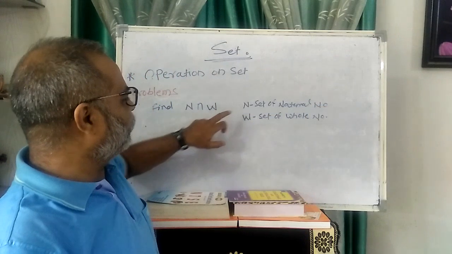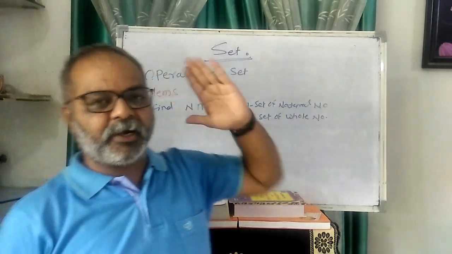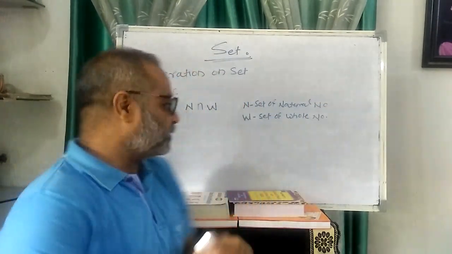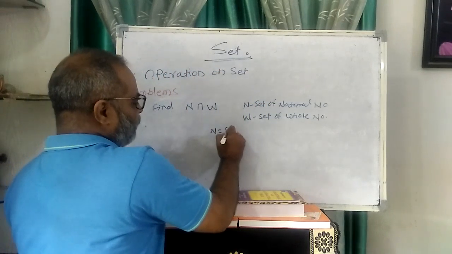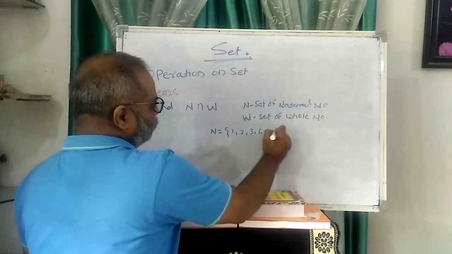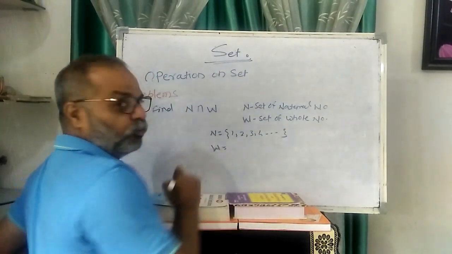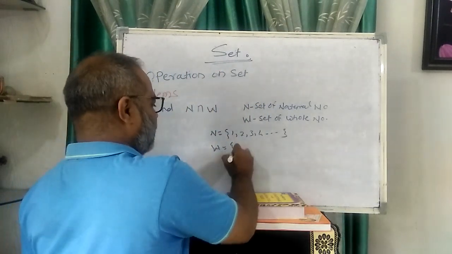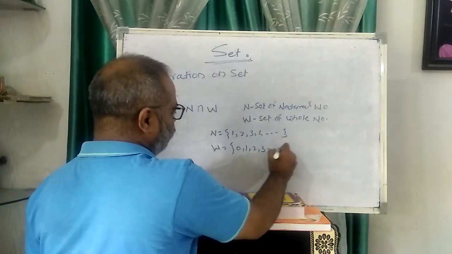Then a very simple problem: find N intersection W. N is the set of natural numbers, containing 1, 2, 3 and so on. W is the set of whole numbers, so the elements are 0, 1, 2, 3 and so on.